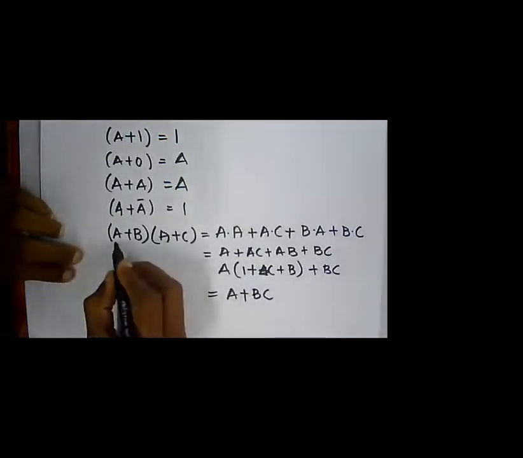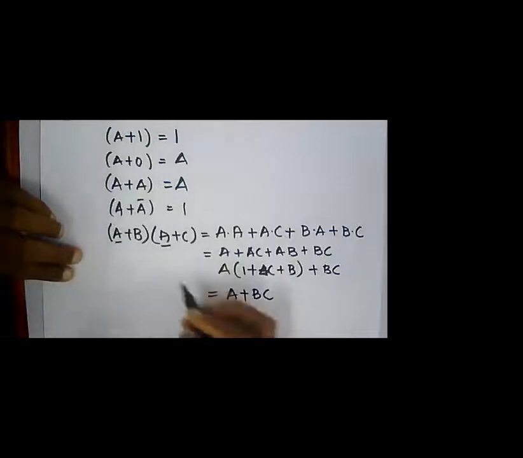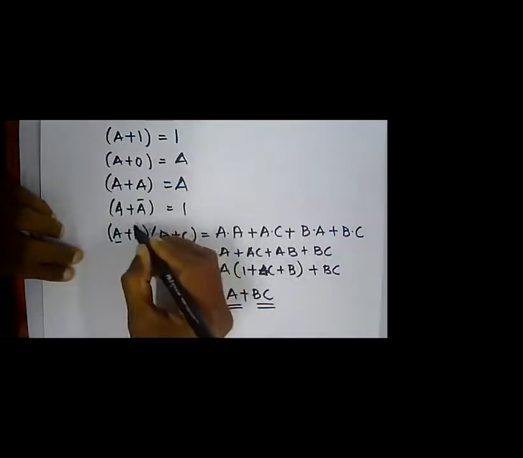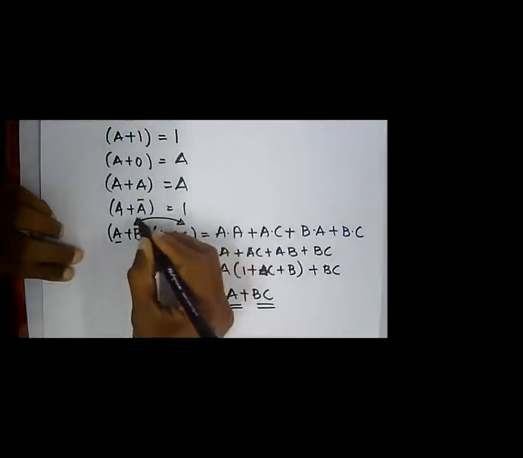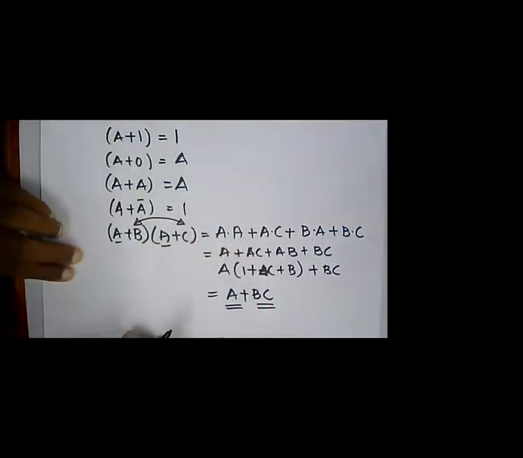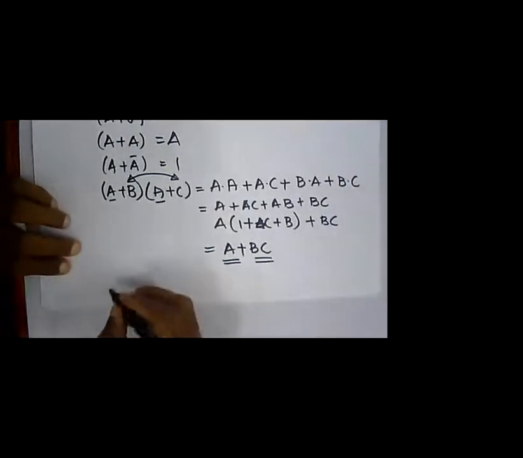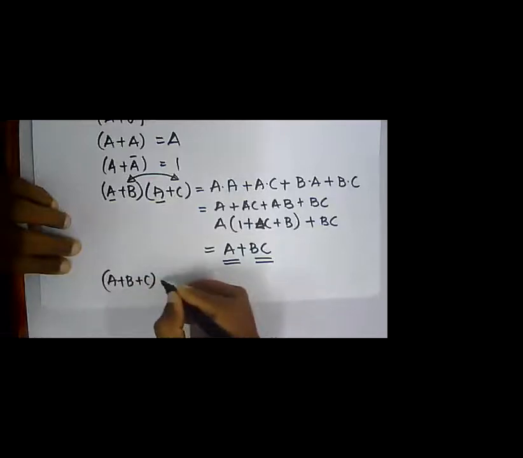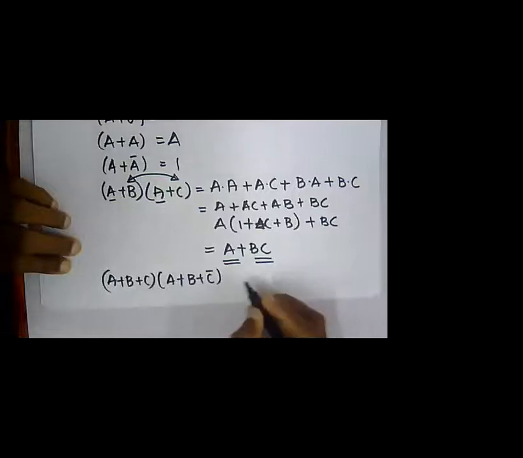For example, you have A as the common term, and the product of the second terms in the equation. So this can be applied for any term. For example, (A plus B plus C) into (A plus B plus C bar).